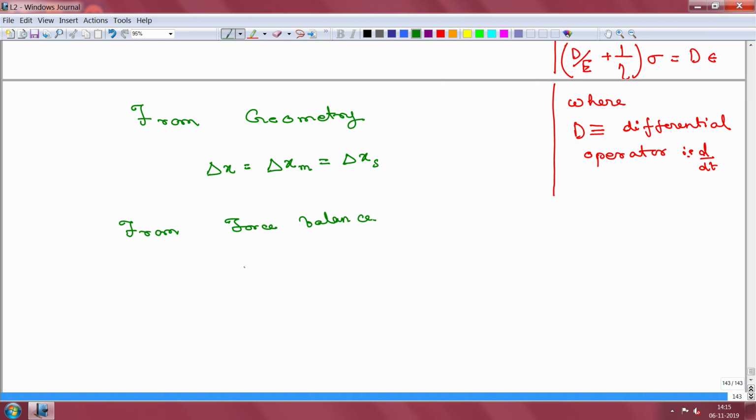Now, from force balance, we again have F t is equal to F m plus F s, the 2 forces are simply to be added.